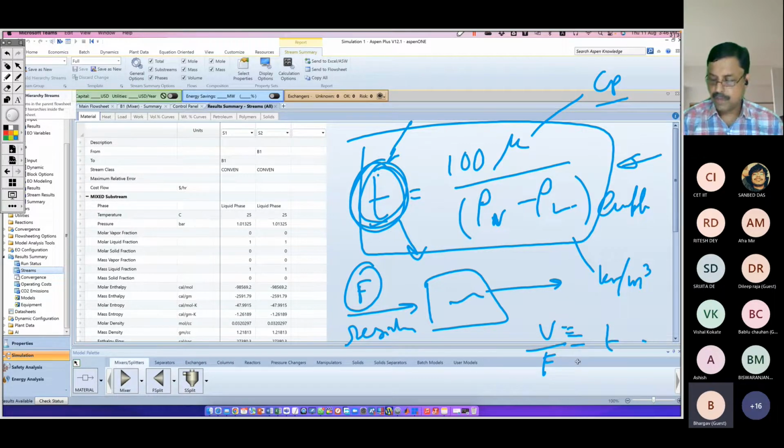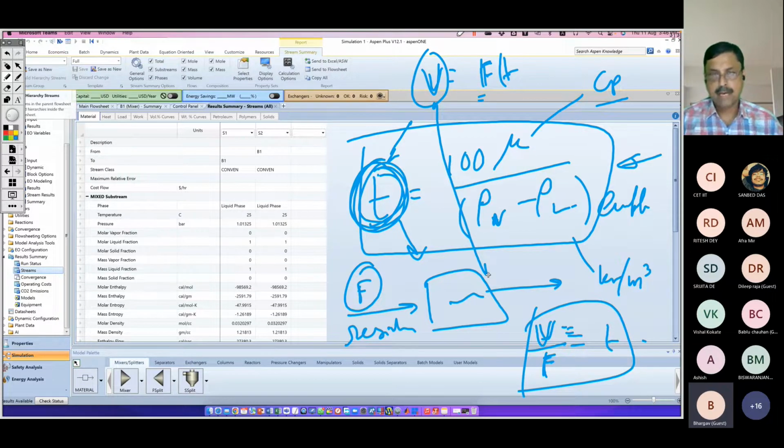The flow is meter cube per hour or liters per hour or liters per second, whatever the flow is. So if you want to calculate V, then V should be equal to F into T. So whatever the flow rate of the mixture that you are giving into the decanter, multiply with the separation time that you calculate, and then you can find the volume. So this much volume should be maintained.